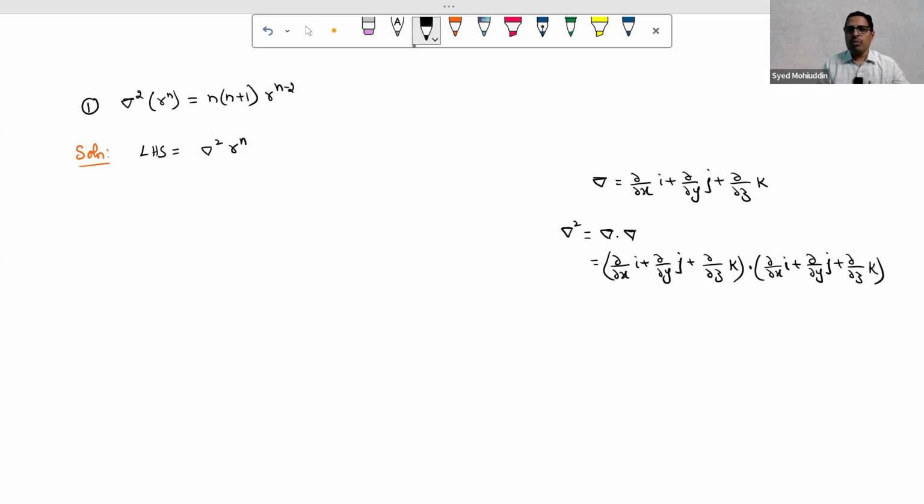Now because this is a dot product, you have to take i dot i to be equals to 1, j dot j to be equals to 1, and k dot k to be equals to 1.